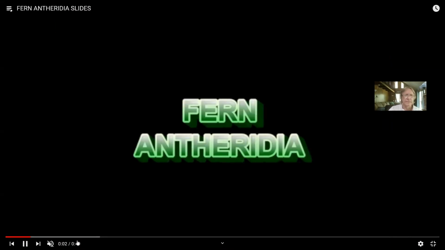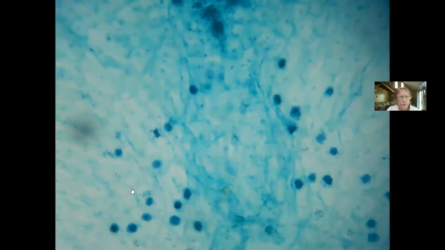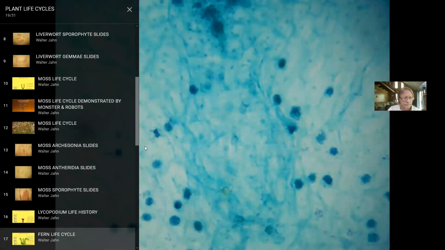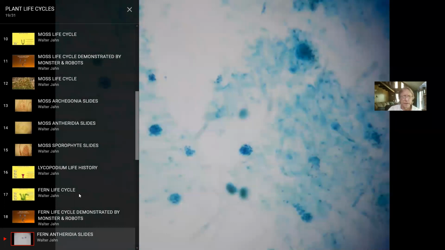Now, once again, my students are looking under the microscope and identifying these. So here's the prothallus. This is a fern. Now you might say, oh, no, fern is the structure that I'm used to, say, growing in my garden. Well, yes, that is the sporophyte part of the fern, but here is the gametophyte.